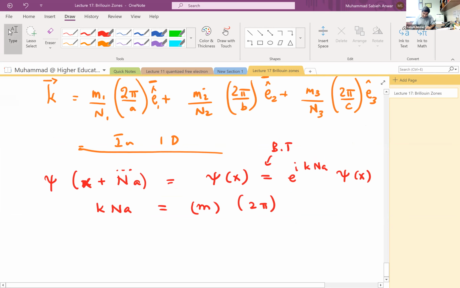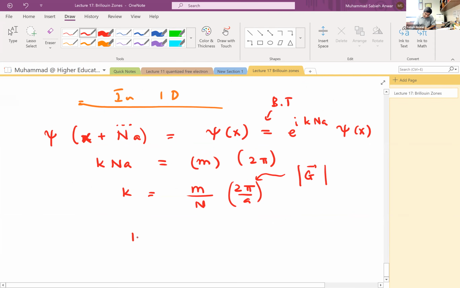What this means is that k must equal m over n times 2 pi over a. But 2 pi over a is the length of the reciprocal lattice vector in 1D. So if I would like to write this in vector form, this becomes m over n, and this is a reciprocal lattice vector G. In 1D, this is simply a star.